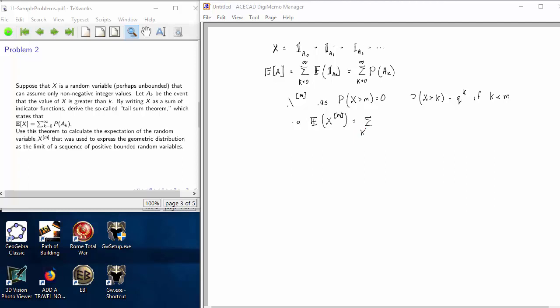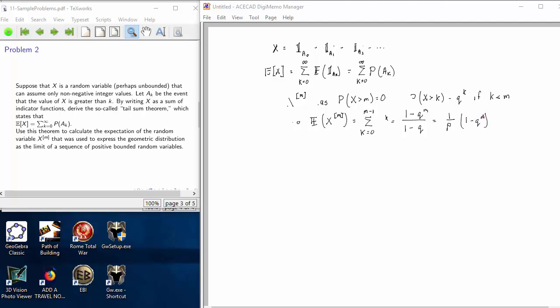I'm now summing from 0 only to m minus 1 because the probability that x is greater than m has been made equal to 0. This is a well-known sum. It's 1 minus q to the m over 1 minus q, or denoting the probability of success by p, it's 1 over p times 1 minus q to the m.